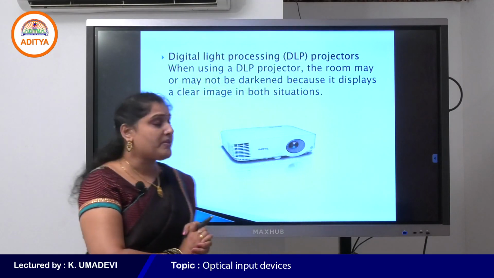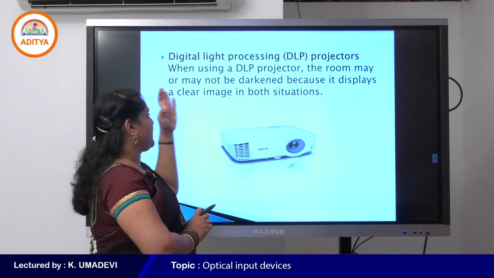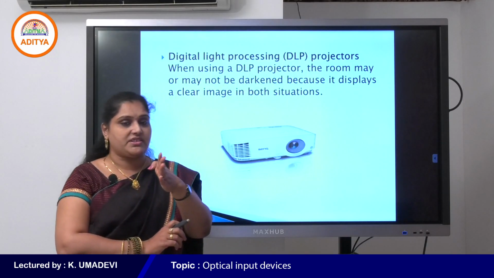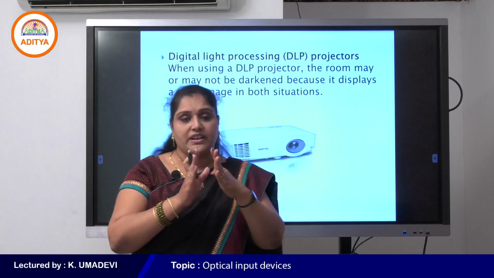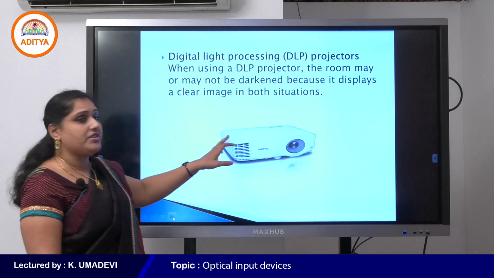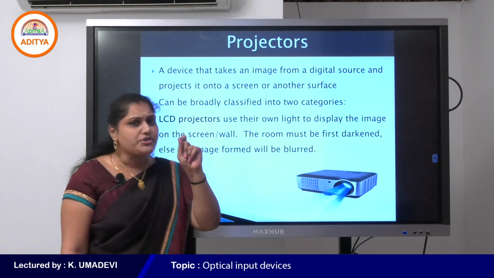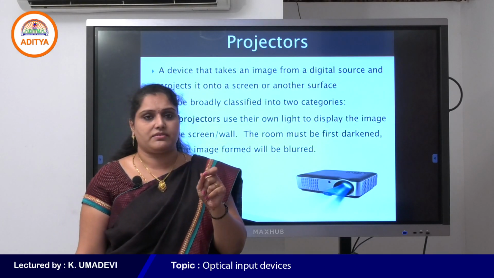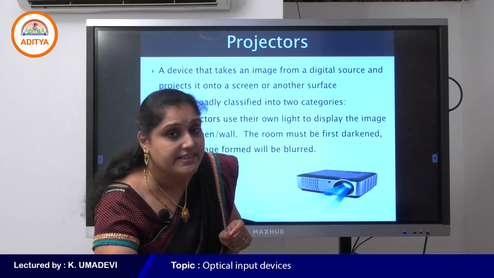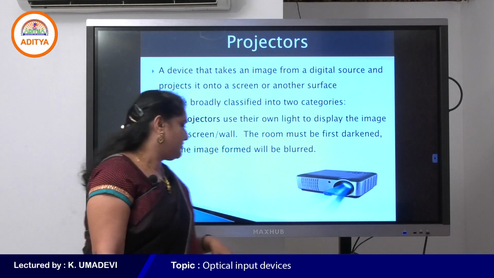But while using DLP projectors, the room may or may not be darkened, because it displays a clear image in both situations. So that is the difference between LCD and DLP projectors. These are more expensive than LCD projectors. So these are the two most common types of projectors. Okay students, LCD and DLP, digital light processing.